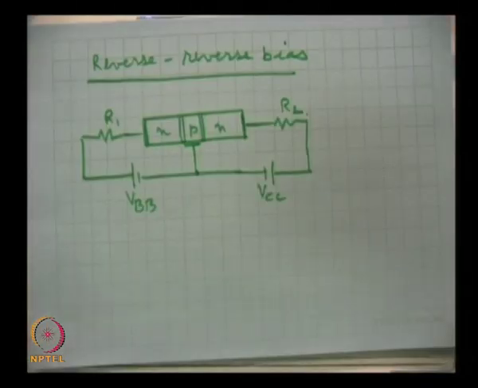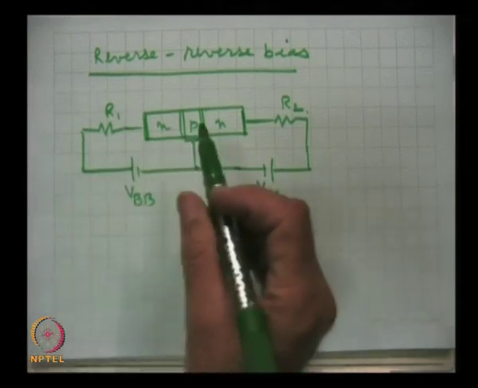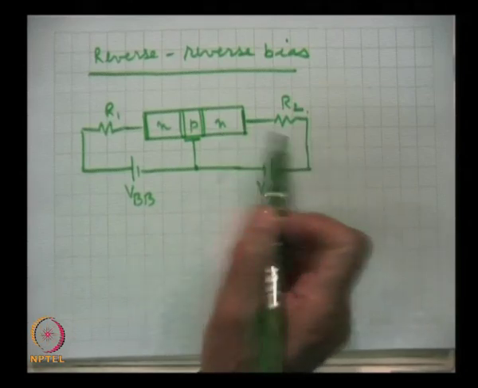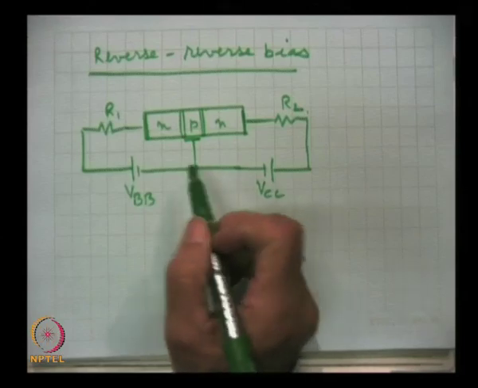Then we take reverse bias. Here the emitter junction is reverse biased, the collector junction is reverse biased, and we understand from our knowledge of p-n junctions that when it is reverse biased, very feeble currents flow, at least 3 or 4 orders of magnitude smaller than the currents we observe when the junction is forward biased.